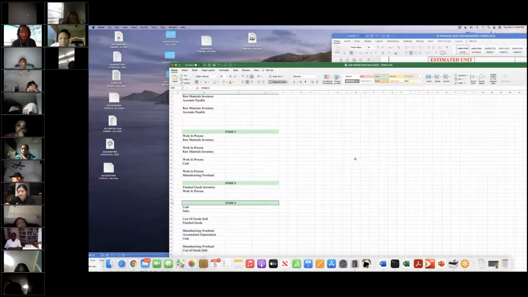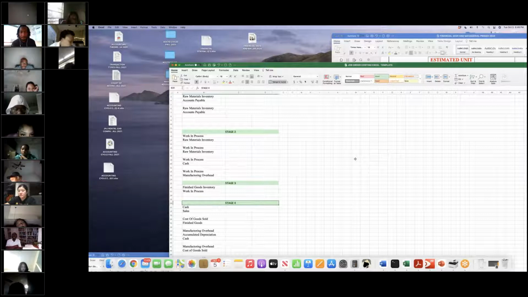If you look at this and we're going into stage two, we're making the first entry. What do you think that entry might be? Can you all see that? Yes. What do you think that entry is?